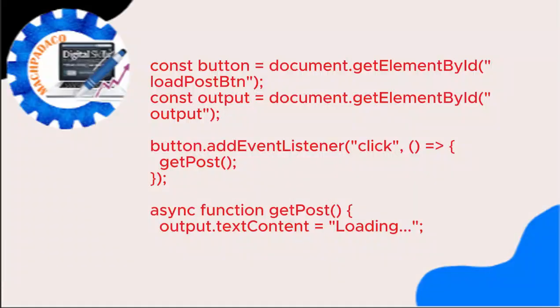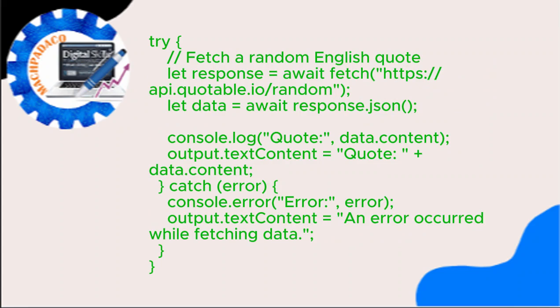So let's move to the JavaScript code. As you can see displayed on the screen, this is our JavaScript code. Kindly study it carefully. Let's move to the coding environment proper.